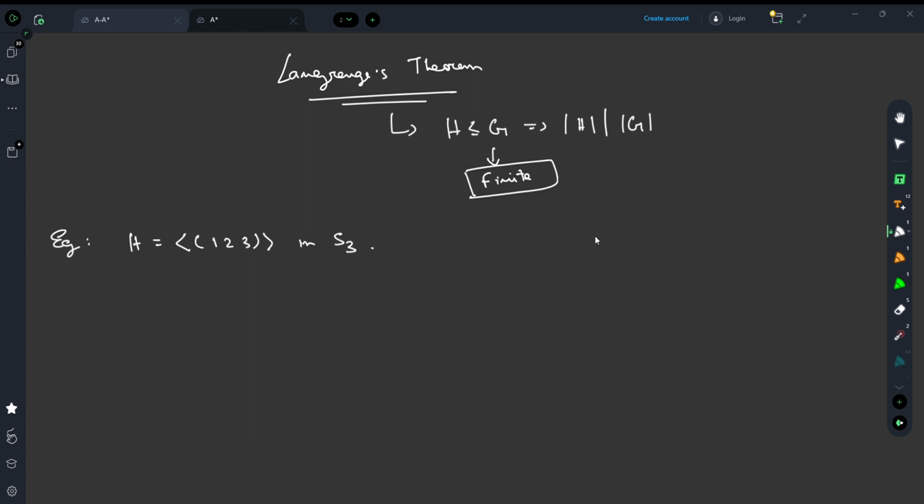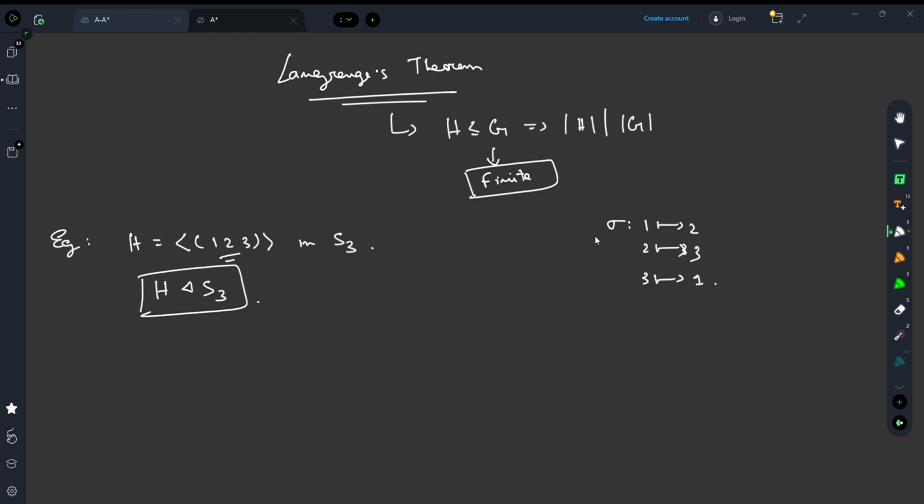I hope you know what this cycle notation means. This represents the function which sends 1 to 2, 2 to 3, and 3 back to 1. Clear? Now we want to check whether H is a normal subgroup of S3 or not. That's our goal.